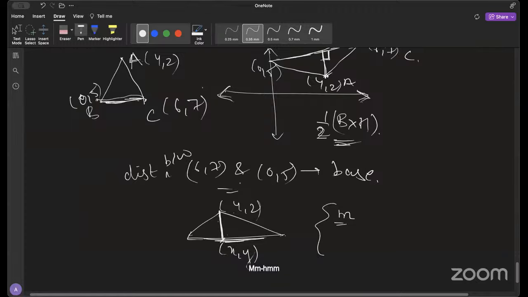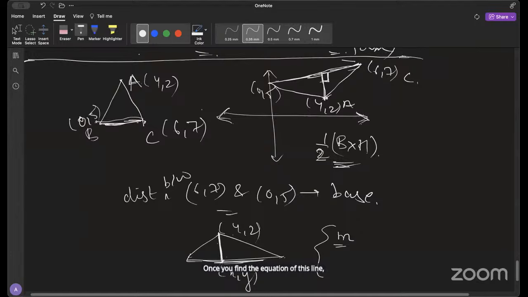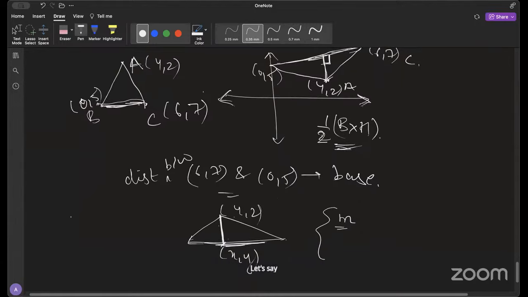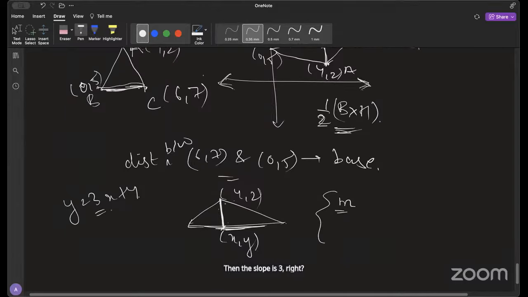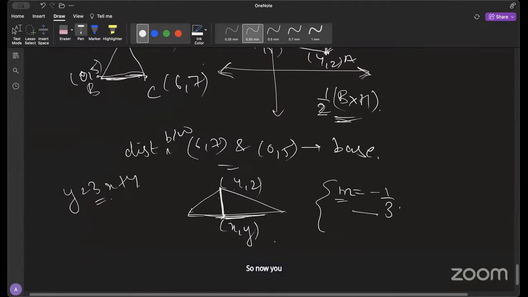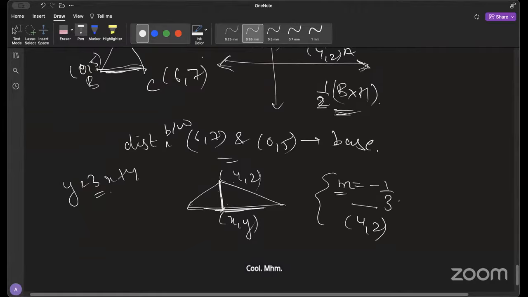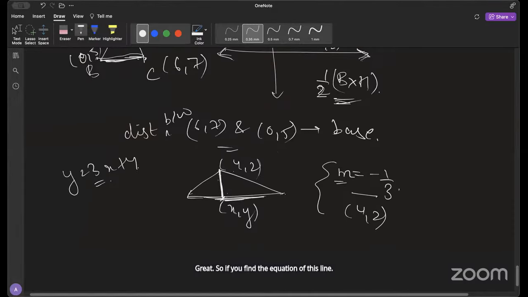Once you find the equation of this line, let's say it is y equals 3x plus 4, then the slope is 3. So the slope of the perpendicular line will be minus 1 by 3. Now you know the slope and a point it passes through, which is (4, 2), so you can find the equation of this line.